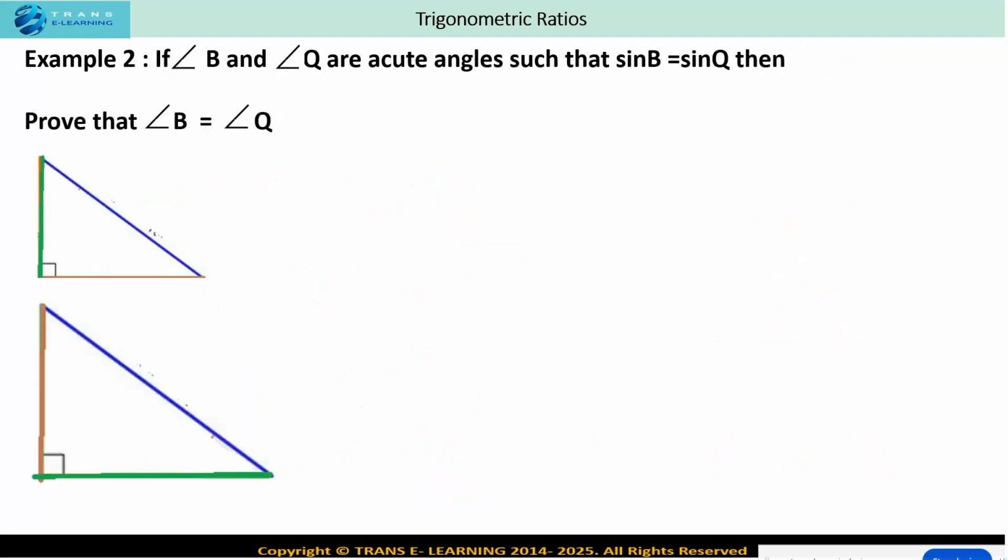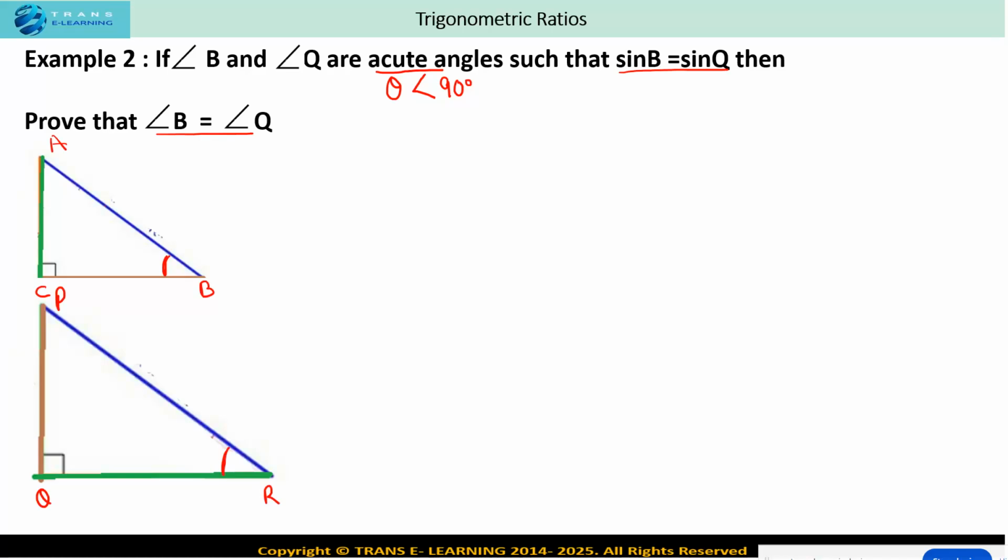Now here is an example 2. It is given if angle B and angle Q are acute angles. Acute angles, that means when the angle is less than 90 degree, such that sine B is equal to sine Q, then we have to prove that angle B is equals to angle Q. So now let us consider two triangles, that is A, B and C. This B is an acute angle, and then we have PQR, and Q is an acute angle.